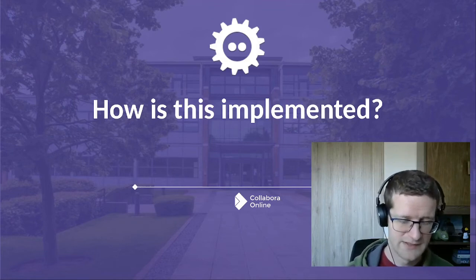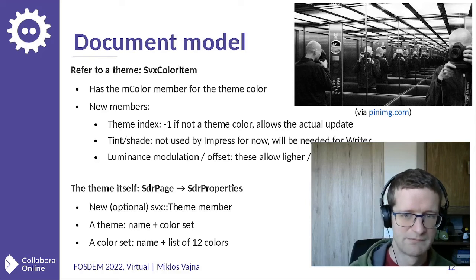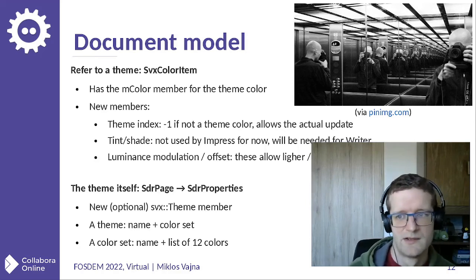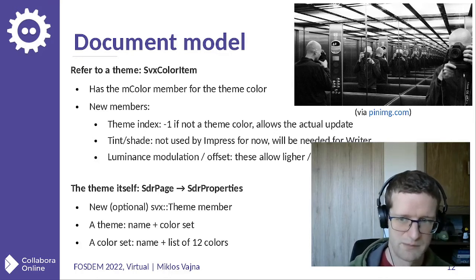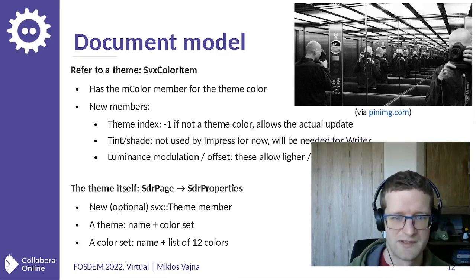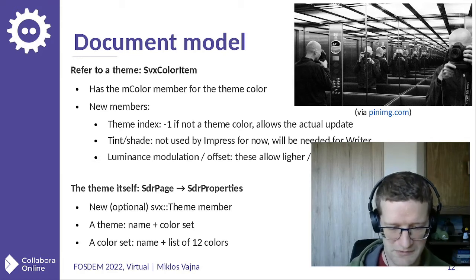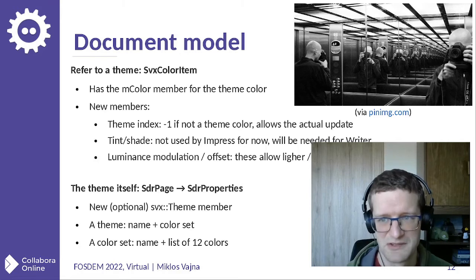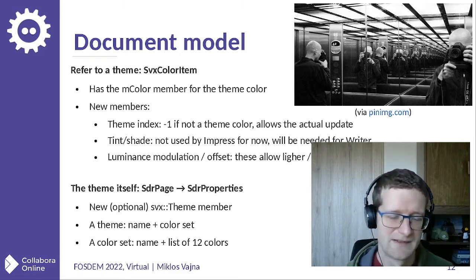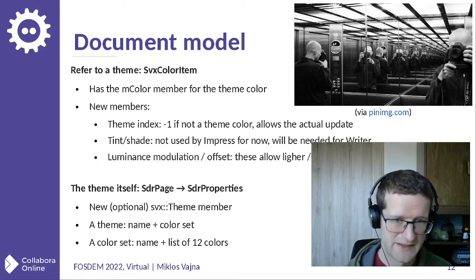In case you are interested in how this is implemented, I have a few more details. There are many layers here in how the whole feature is put together. So before you get quite confused, like this guy making a photo with many mirrors resulting in many layers, let's focus on just the document model.